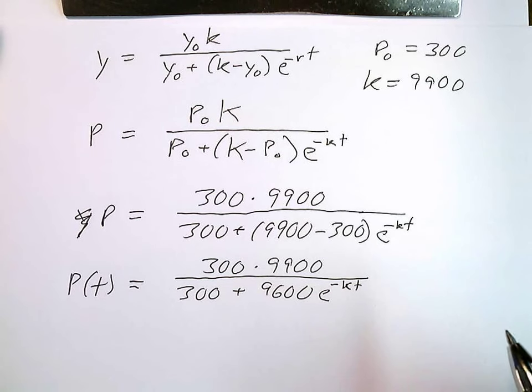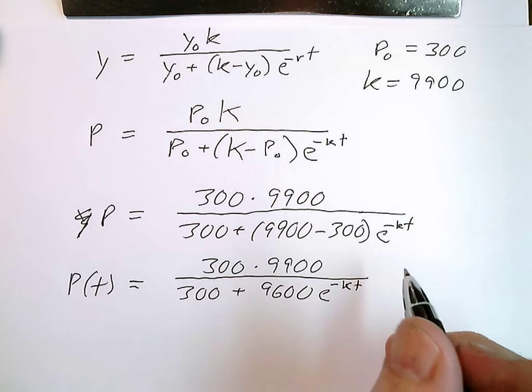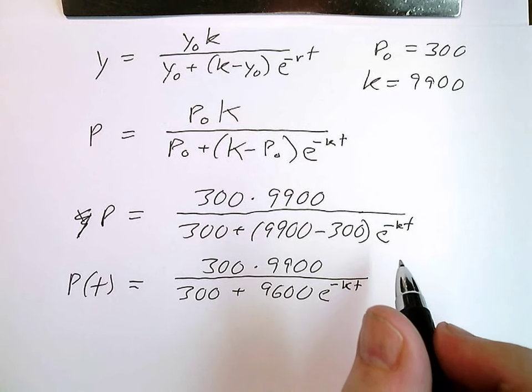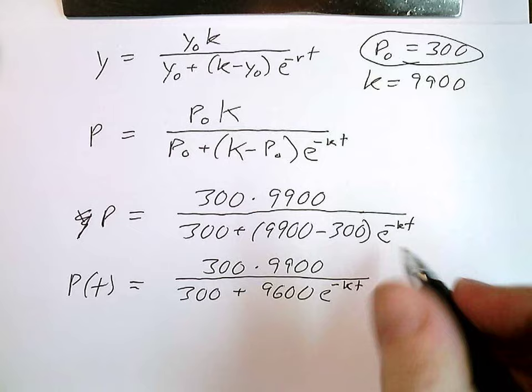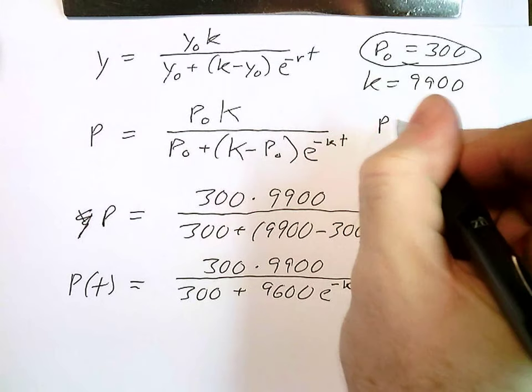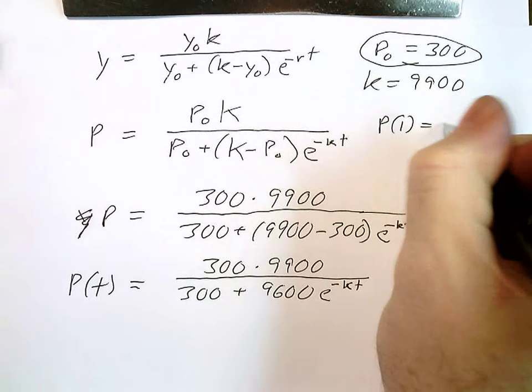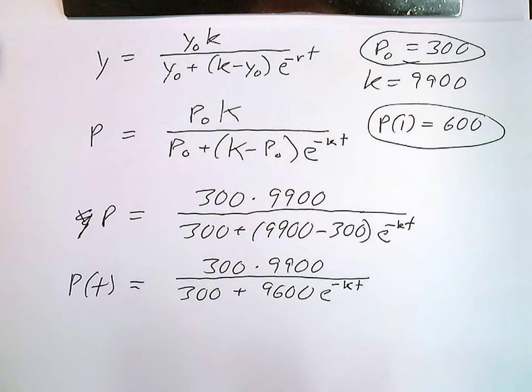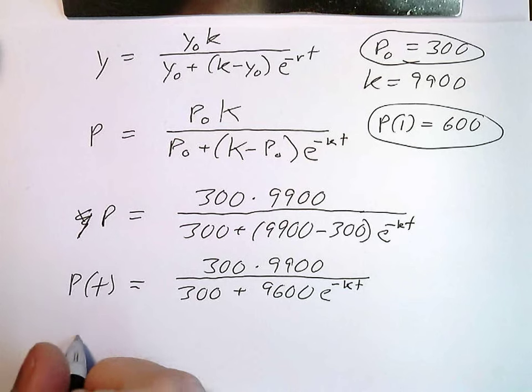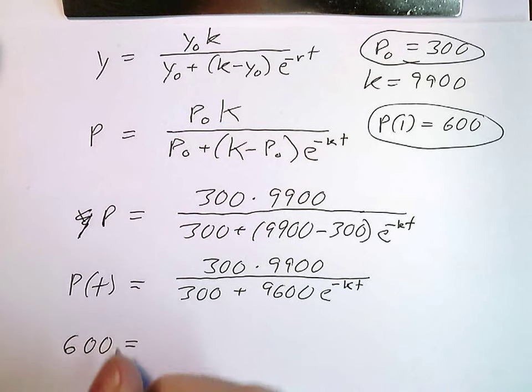Well, we're given that the population doubles in the first year. So remember, our initial population up here was 300. So when t is 1, P of 1 is 600, because after 1 year it's doubled.